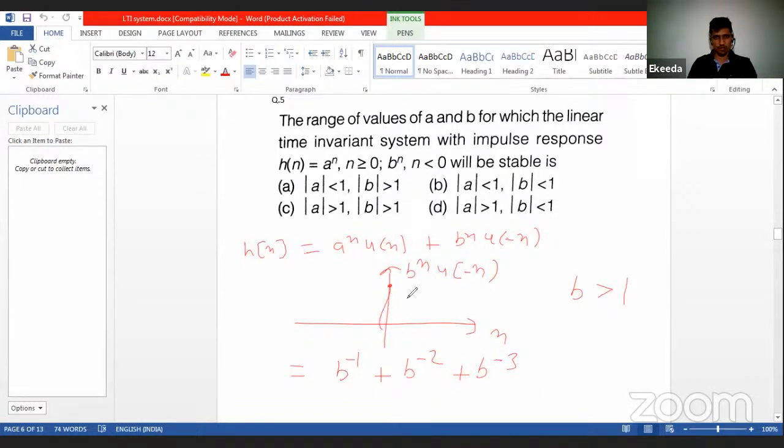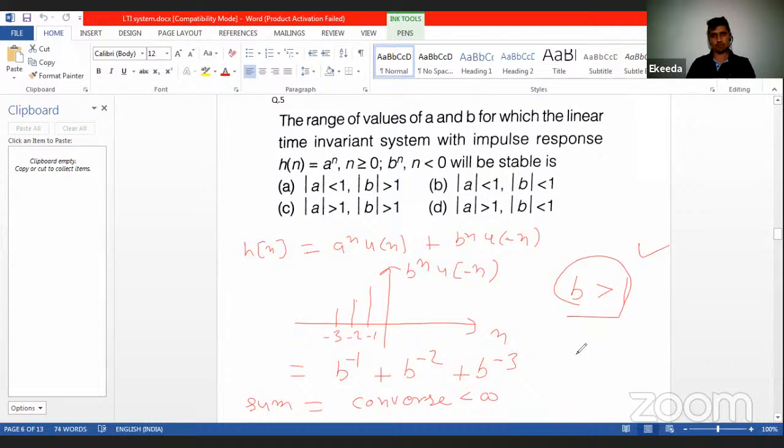Suppose this is 1 upon B, then 1 upon B square, 1 upon B cube, for minus 1, minus 2, then minus 3. So the sum will converge. It will be less than infinity. So this is true.